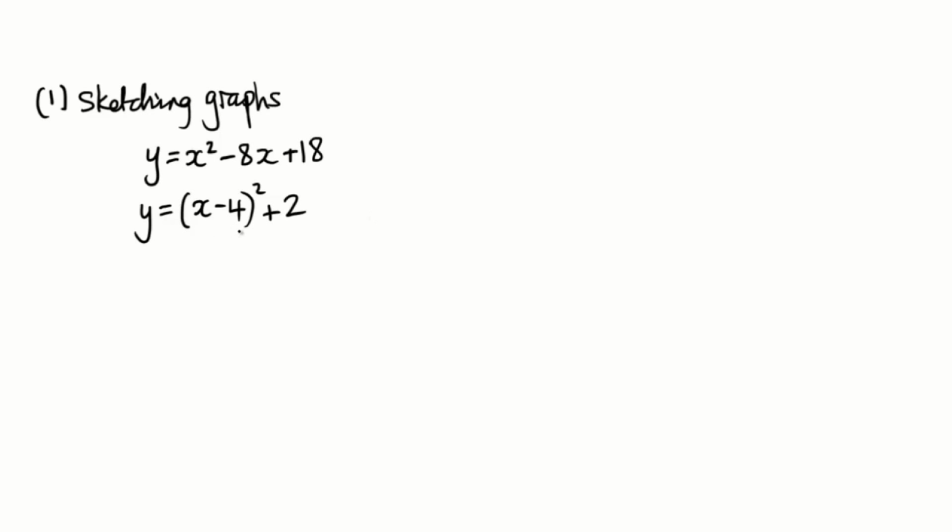So let's have a look at what we've got here. y equals x take away 4 all squared add 2, so we can say it's the same shape as y equals x squared, but it's been moved 4 to the right and 2 up. So it's the same shape as y equals x squared, translated with vector 4, 2.